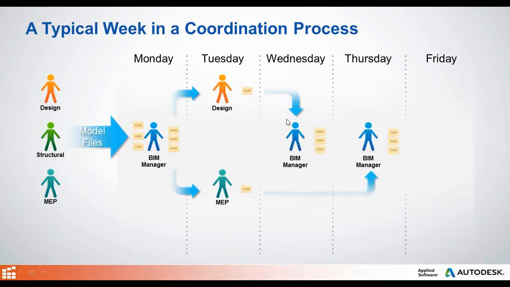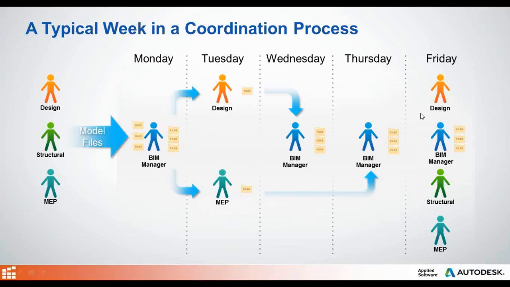this BIM manager, and here we are on, say, Friday, where let's say on Monday in this coordination meeting we identified 100 conflicts that need to be resolved. Well, our design team came in here and they had 30 to resolve, and our MEP teams came in and they had 70 to resolve. So we're done, right? Well, not quite.